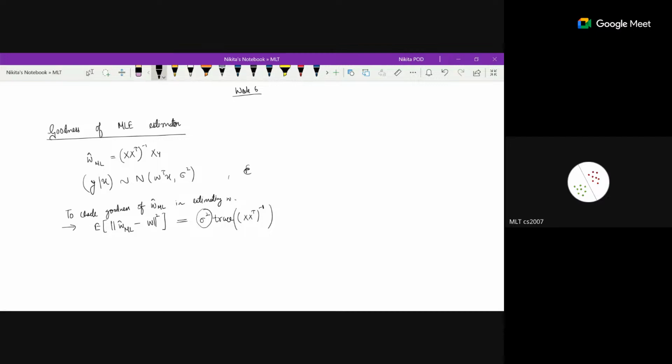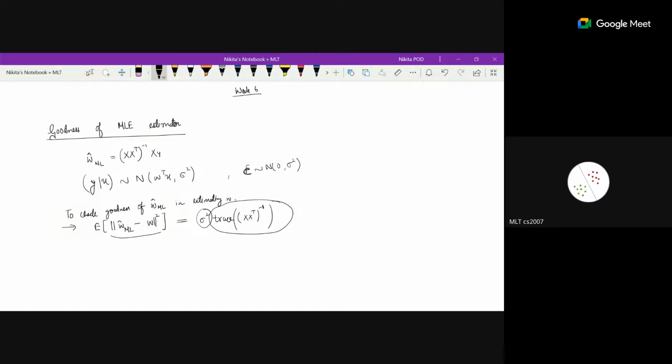So what we can do is work on this trace of (X X transpose) inverse so that we can reduce this value.